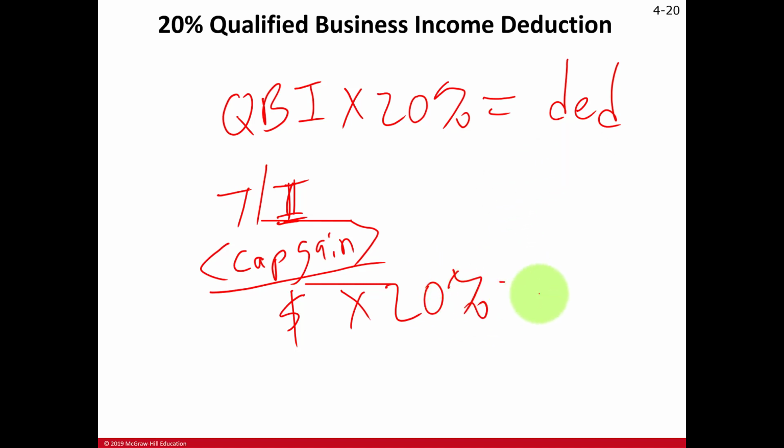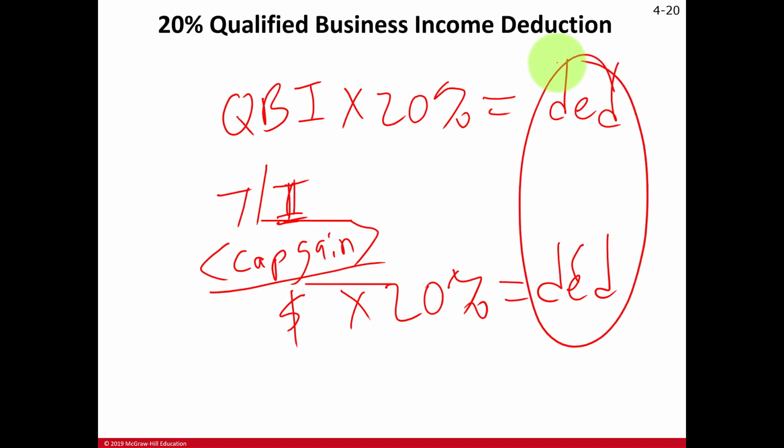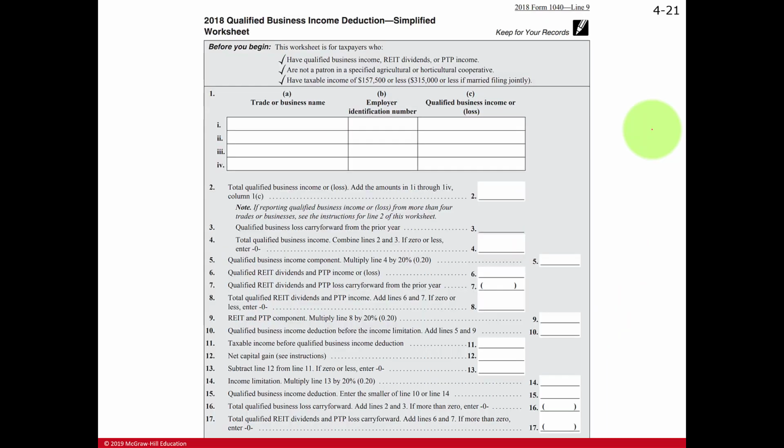And the lower of these two tentative amounts is going to be your qualified business income deduction. You would calculate this deduction not on a tax schedule, not even on a form. I wish they'd put it on a form or schedule that we can actually work on and turn in to the IRS to file, but they put it on a worksheet that's in the instructions to the 1040 form.